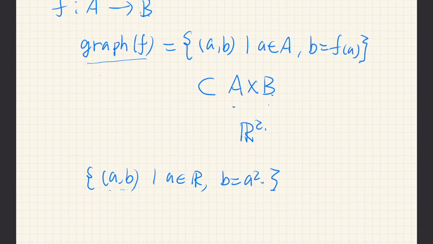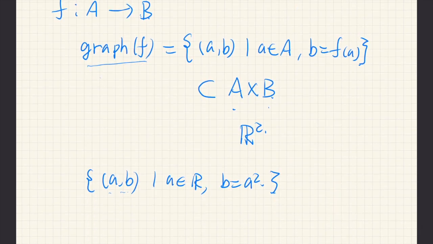So this is the graph. Okay, now let's consider some of the properties of the graph, which is a subset of this Cartesian product space.